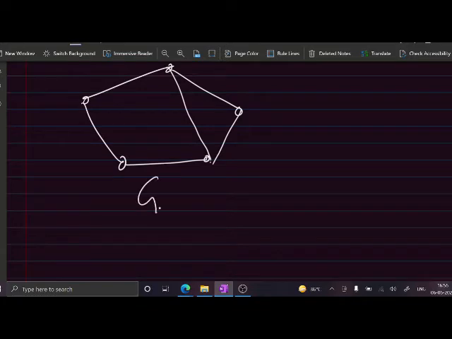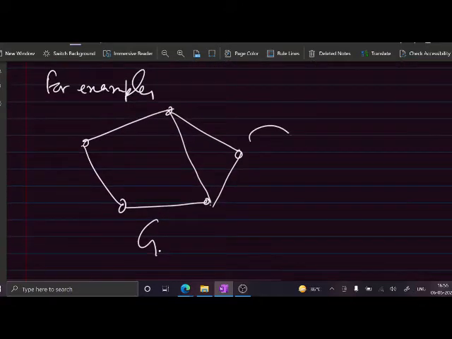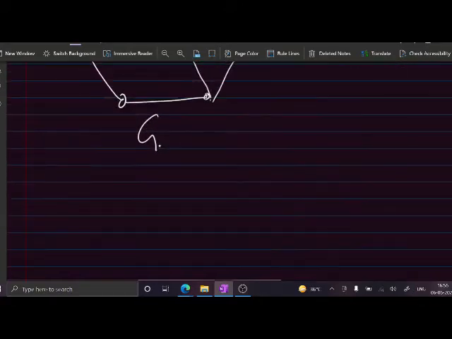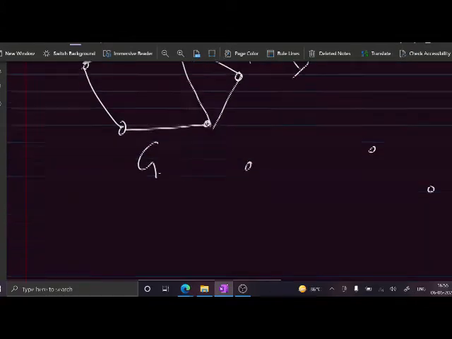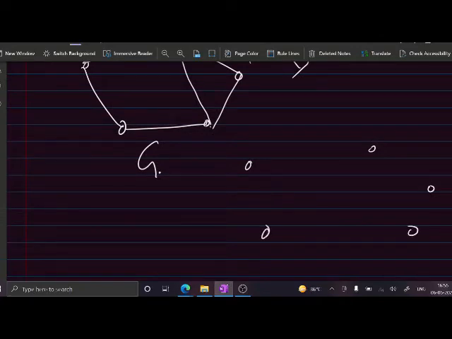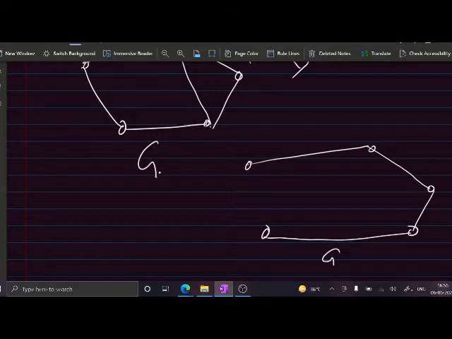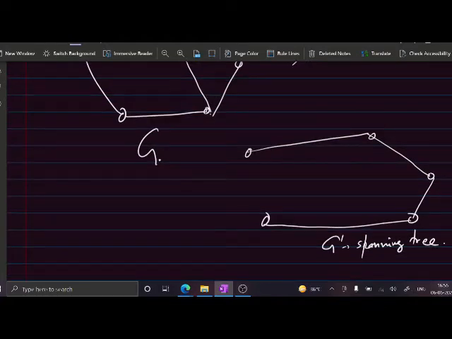So this is your G. Then from this you can find a spanning tree. Like you need to take all the vertices first, right? Then we can take this one. So this will be a spanning tree, right? Because this is acyclic and this is connected.